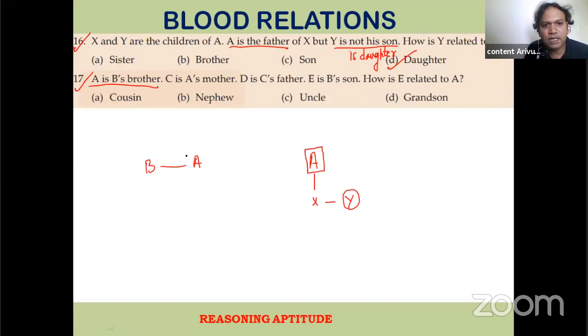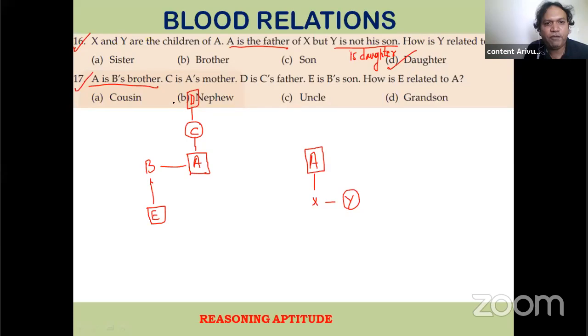A is B's brother, so put a square around A because A is the brother. C is A's mother. D is C's father. Now E is B's son. How is E related to A?